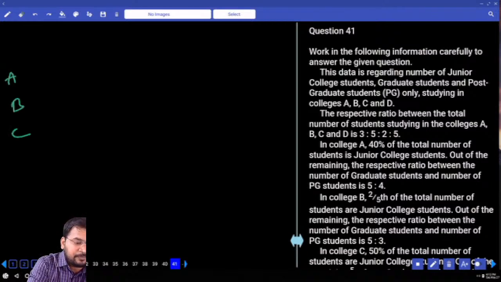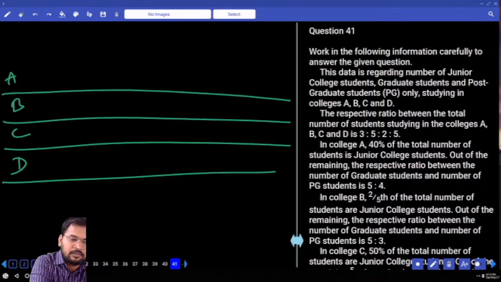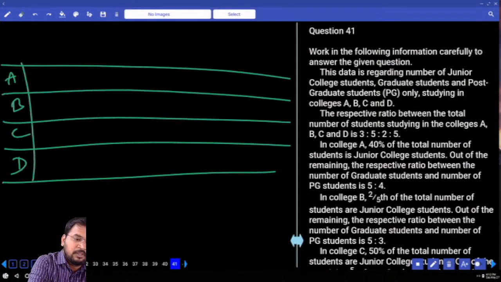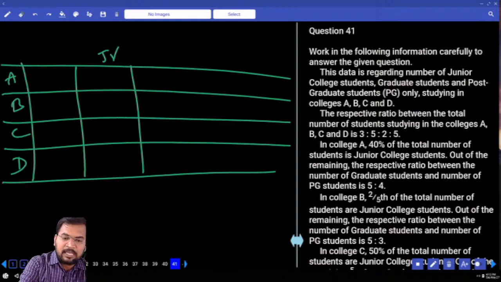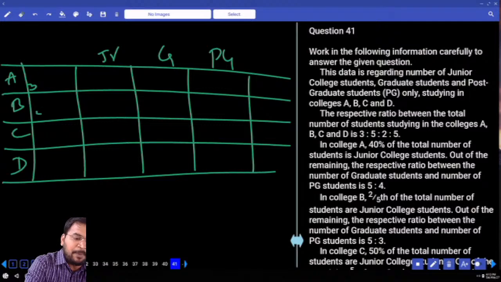ABCD total, and junior level, graduates, postgraduates. Are you clear? And they gave the ratio 3:5:2:5. 3 parts, 5 parts, 2 parts, 5 parts.